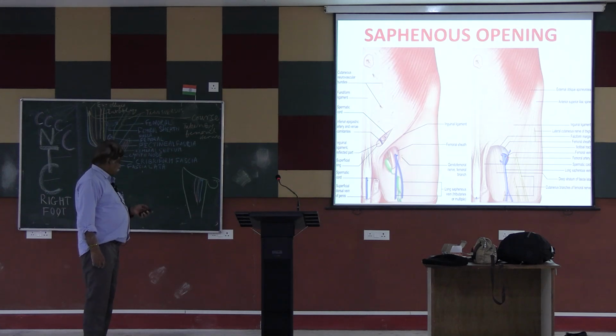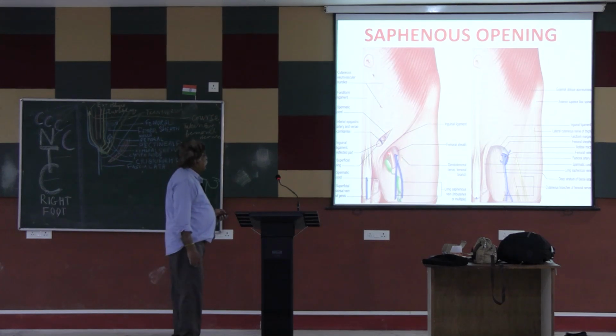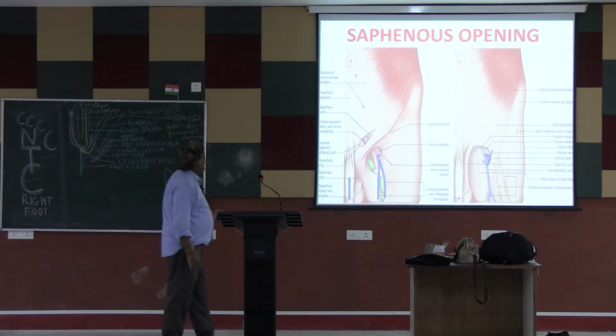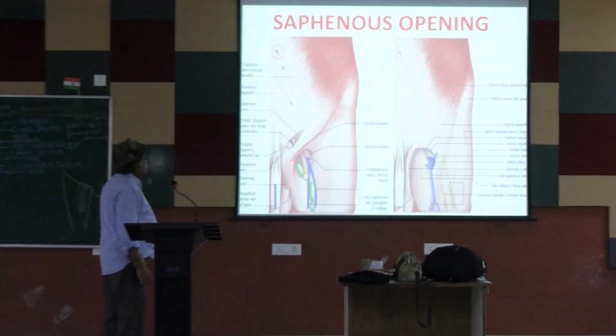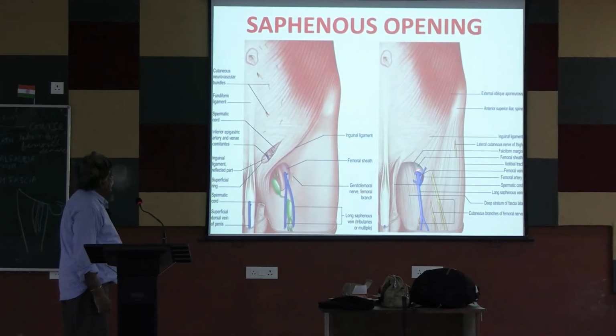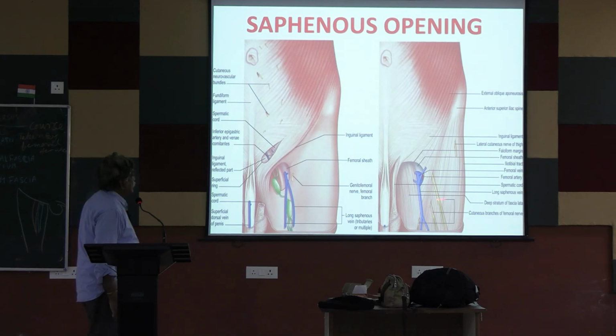Now saphenous opening, see here, the femoral sheath, these lymph nodes, this is the male body, this is spermatic cord here, this is inguinal ligament, reflected part. Now this is the inguinal ligament, this is the femoral sheath, genitofemoral nerve, and these long saphenous vein tributaries are multiple.